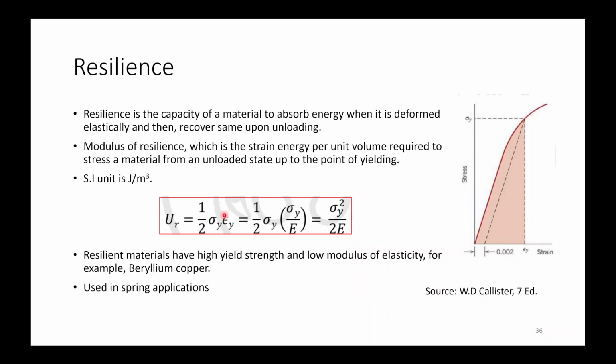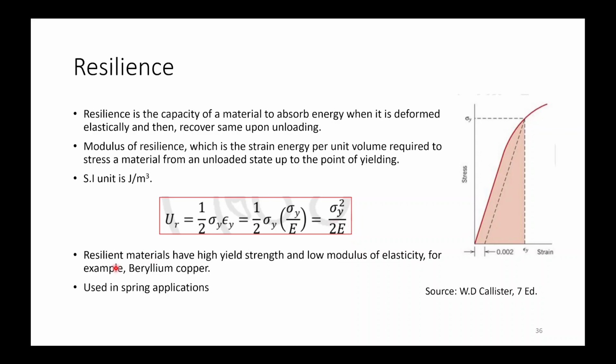Strain can be written using Hooke's law as sigma upon E, the elastic modulus. So the formula for modulus of resilience can be given as sigma y square divided by 2E.